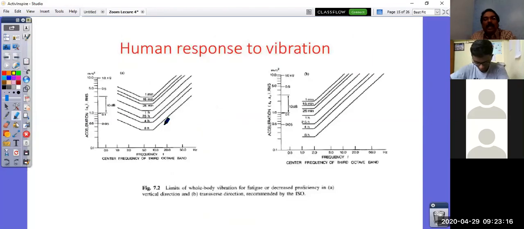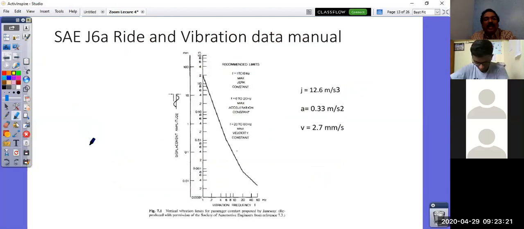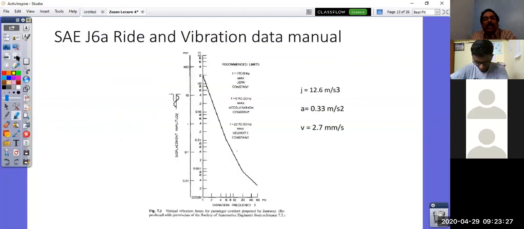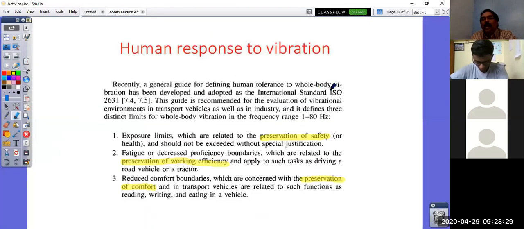Exposure time, see, for example, we have looked at these tests, right? For example, I have this shake table test, which I am using to find whole body vibration phenomena. That means a rigid seat will be there where the subject, the driver, will sit, and you will be exciting that seat with individual harmonic frequencies.